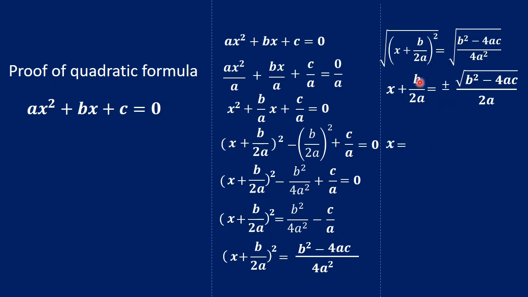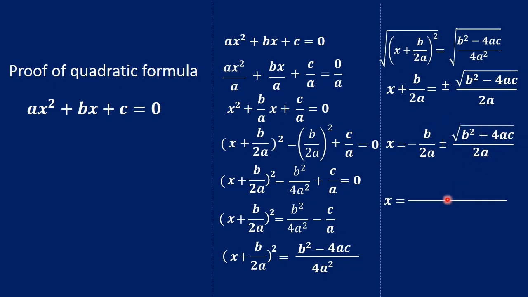And then let b over 2a cross the equal to sign to the other side of the equation. It will become negative b over 2a plus or minus square root of b squared minus 4ac over 2a.